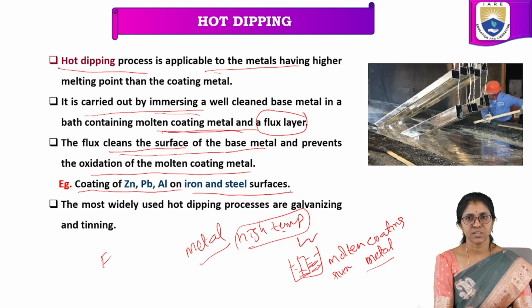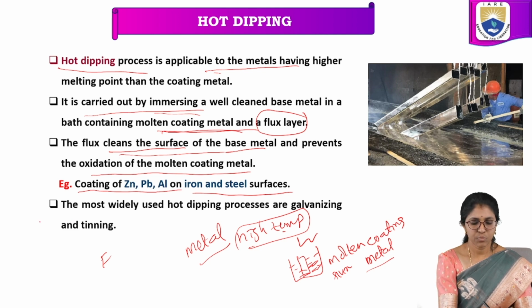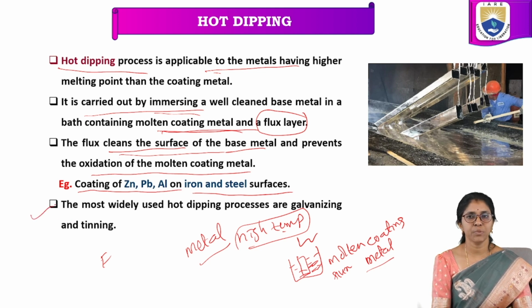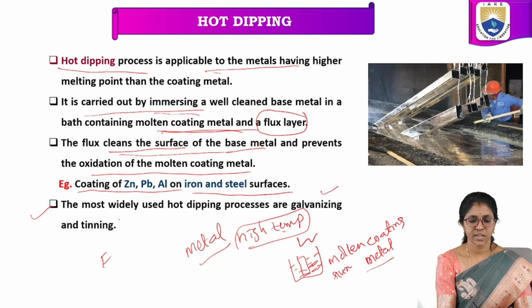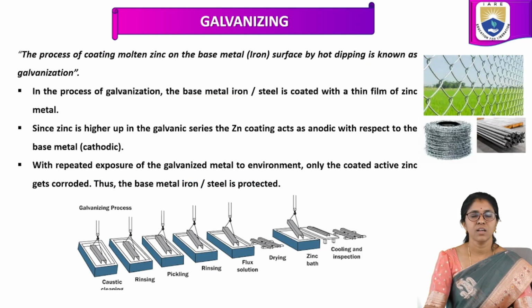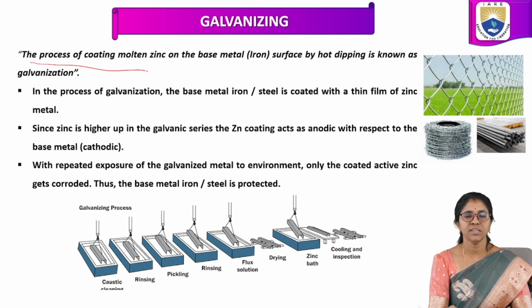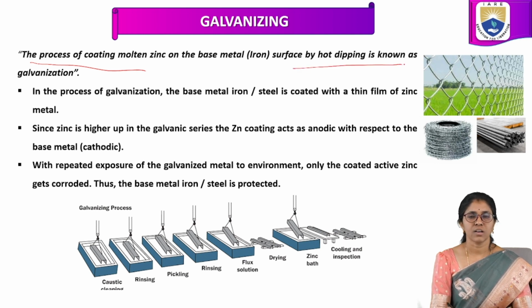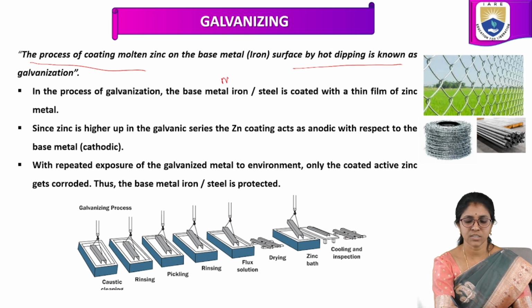The most widely used hot dipping processes are galvanizing and tinning. The first process is galvanizing.